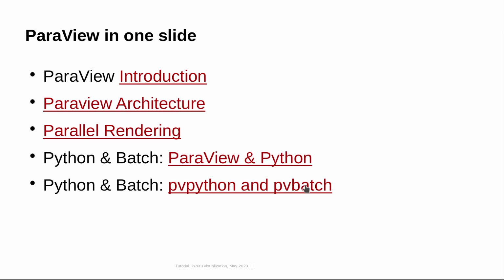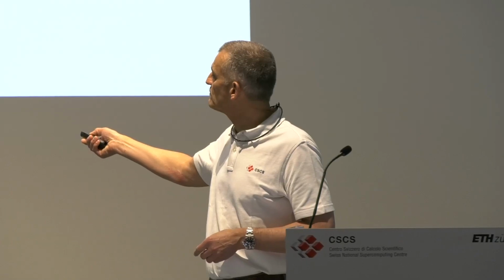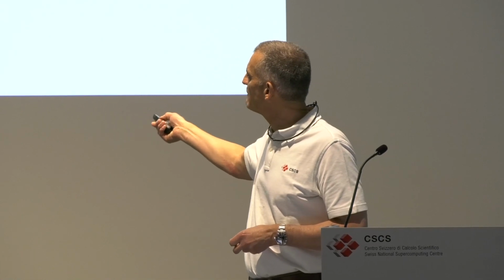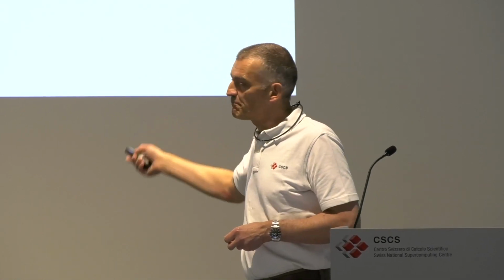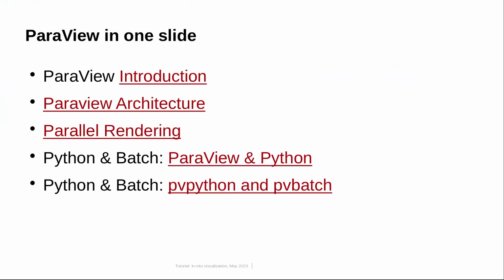Then there is one more link for you to look at, PVPython and PVBatch. PVBatch is the Python-based parallel execution program for the cluster in batch mode. So there you don't have a client.